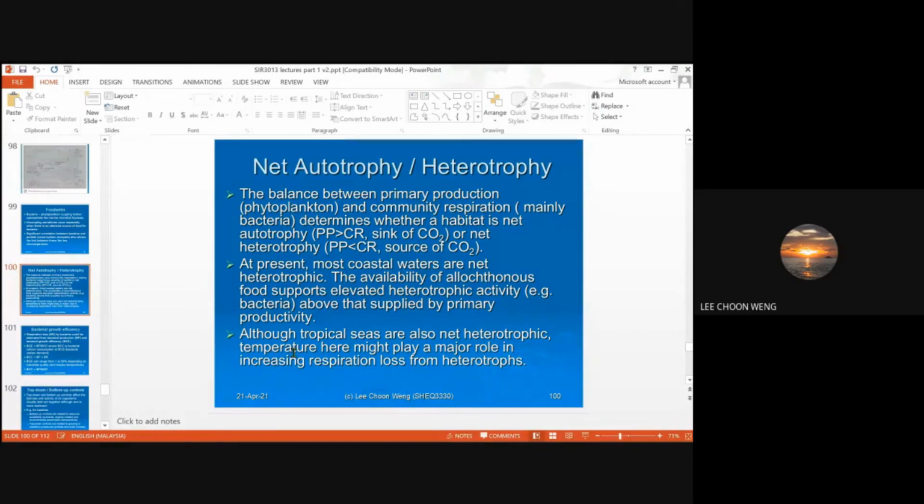One is the mass extinction of biological organisms, and two, the increasing respiration of heterotrophs. Okay, because biological processes increase with temperature rise. So there will be more and more net heterotrophy when temperature rises.